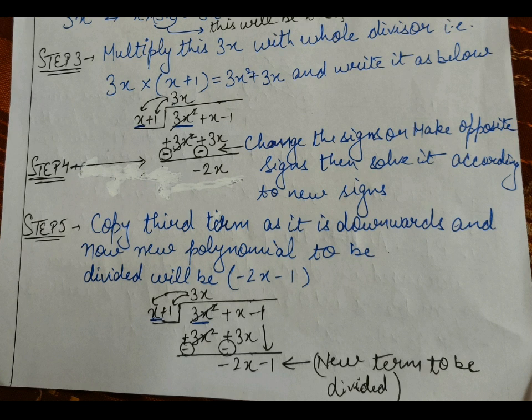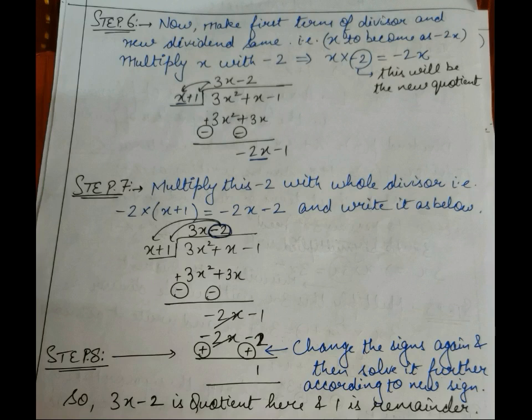Now in step number 5, you have to copy the minus 1 downwards, which will be the new term to be divided. That means it will act as the dividend here. In step number 6, you have to make the first term of the divisor and the new dividend the same.